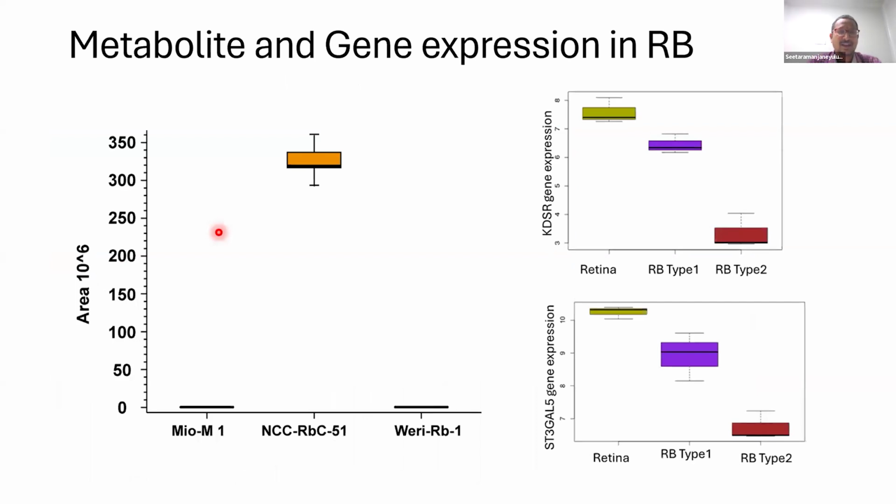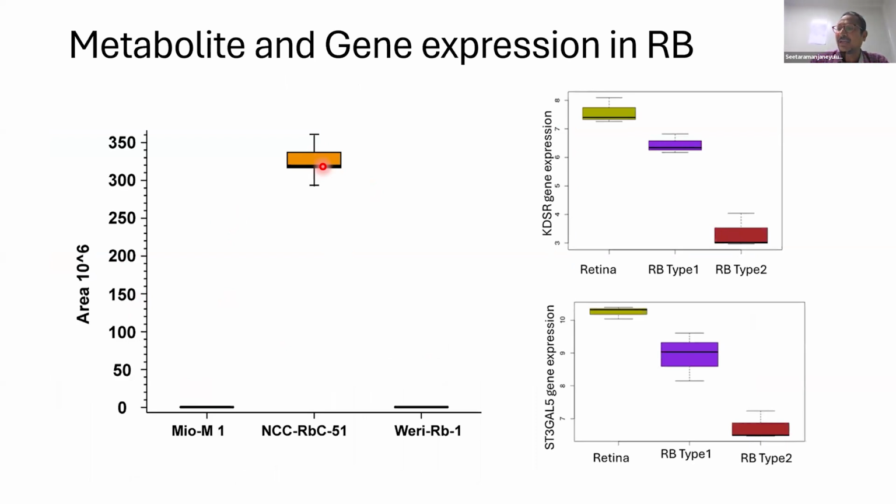And we could see hexosyl ceramide is highly upregulated compared to control and WERI. This is very much highly upregulated. We think this is a potential marker while screening, and a potential marker to study and understand retinoblastoma in a deeper way.